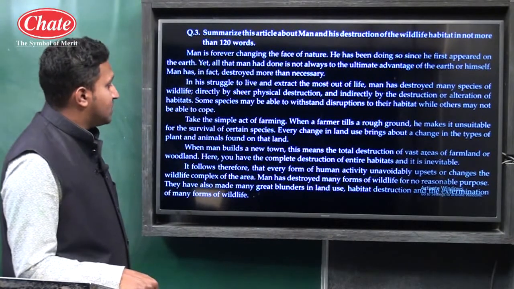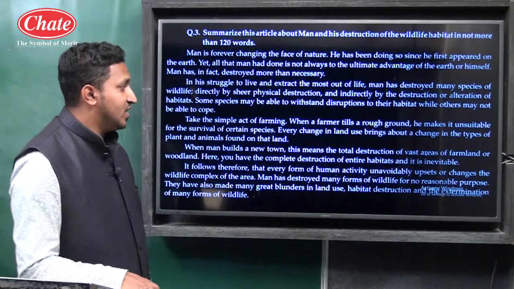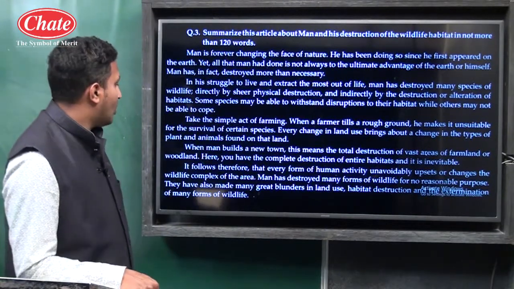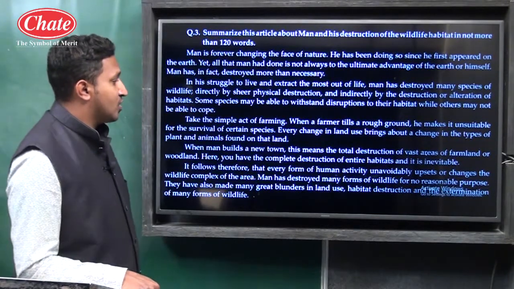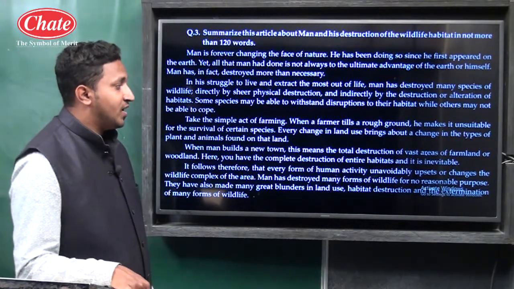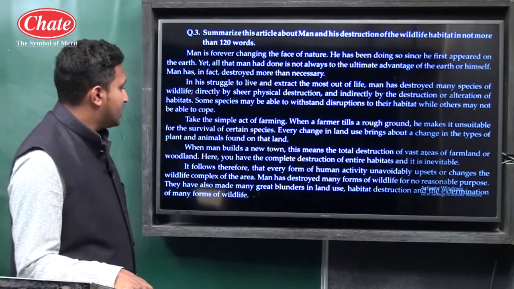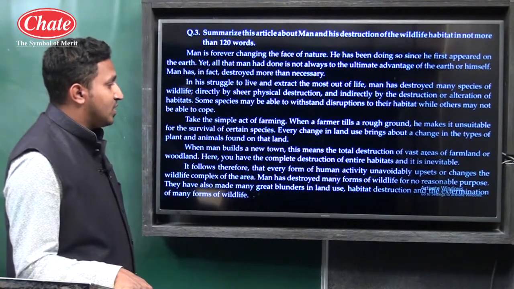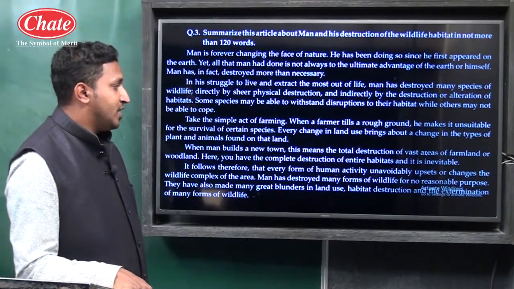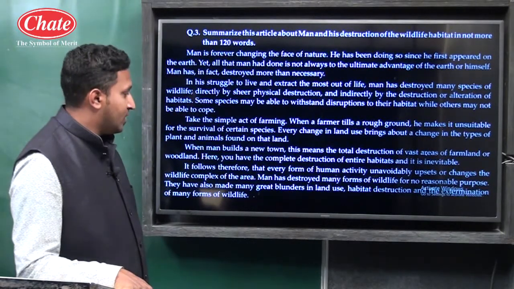When man builds a new town, this means the total destruction of vast areas of farmlands or woodland. Here you have the complete destruction of entire habitats, and it is inevitable. It follows, therefore, that every form of human activity unavoidably upsets or changes the wildlife complex of the area.